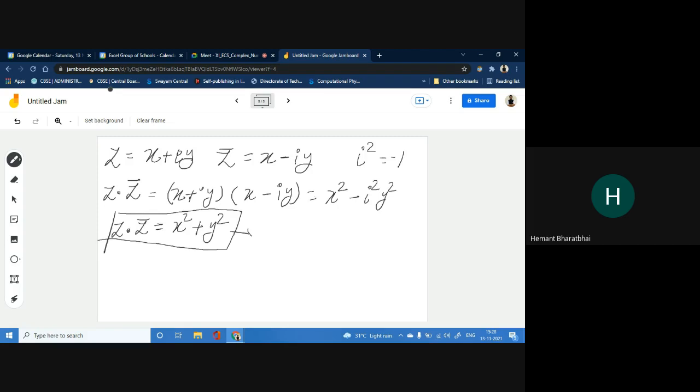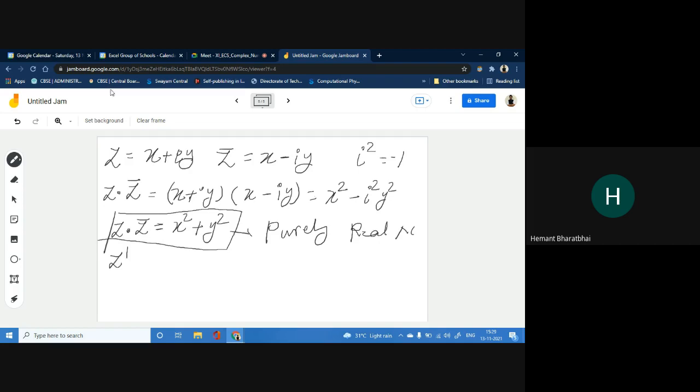We know that a plus b into a minus b is a square minus b square. So this can be written as x square minus i square y square. Now we know that the square root of minus 1 is i, therefore i square is minus 1. So this will become x square plus y square. So when you multiply a complex number with its conjugate, you get a purely real number.